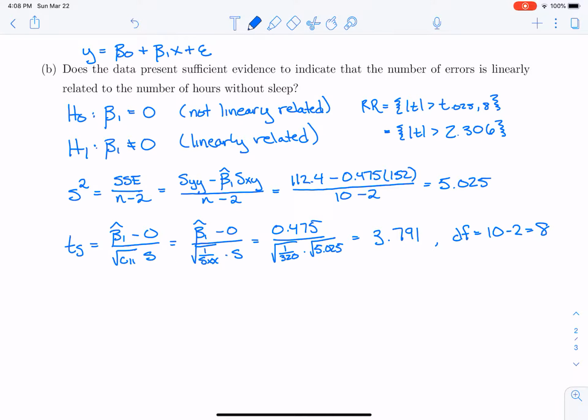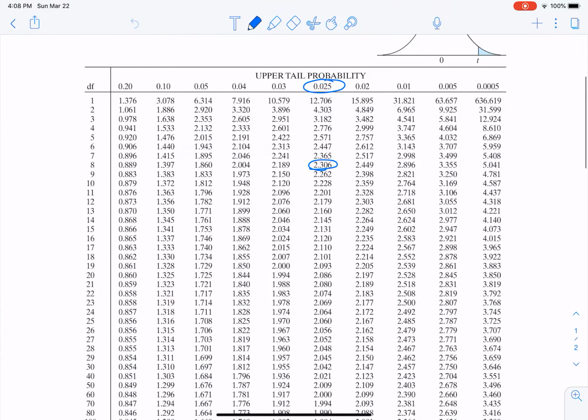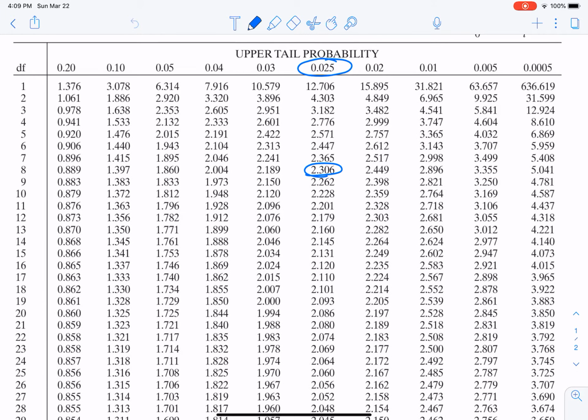So now we're going to ask ourselves, well, what is the p-value based on a t statistic of 3.791? So I'm going to go back to my t chart and look at 8 degrees of freedom. And I'm going to find 3.791. I'm going to notice that it lands right there between these two columns.